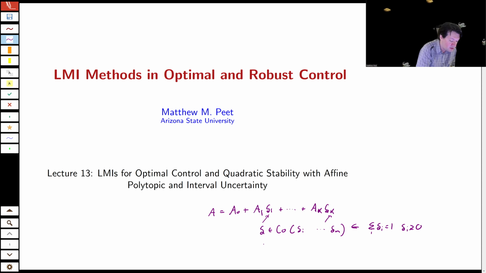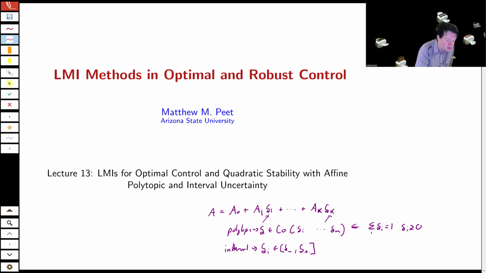And of course, the other case is the interval uncertainty, where all of the parameters lie in an interval, delta minus to delta plus, and those have an i next to them.